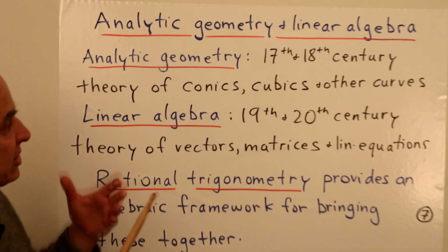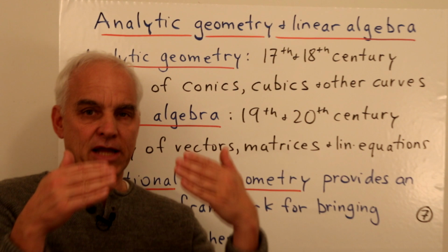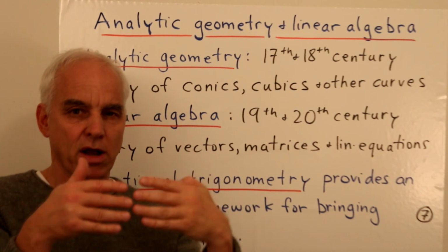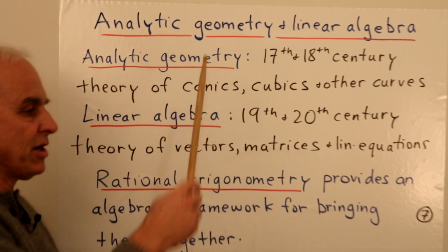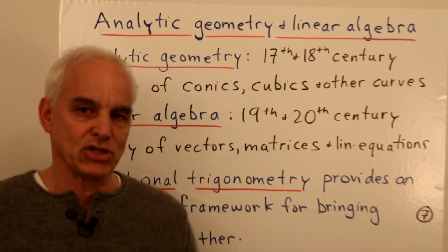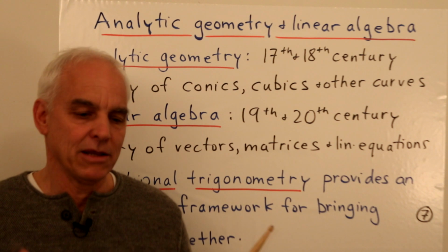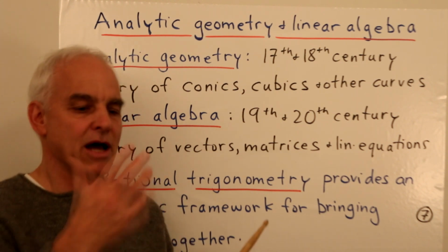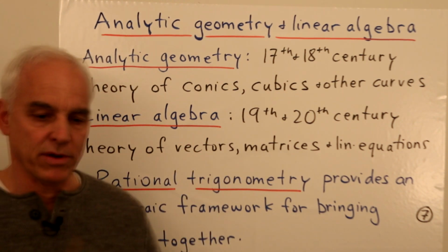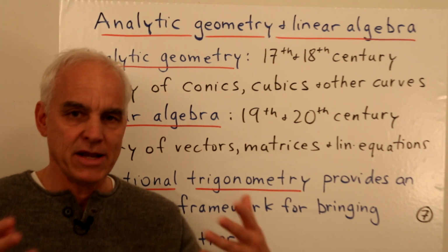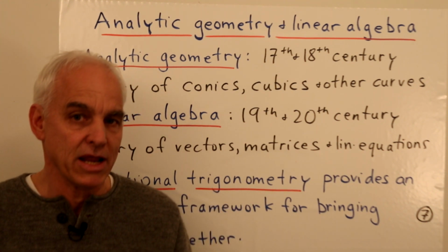But I think that these two subjects are very close together potentially, and they really ought to be brought together. So analytic geometry needs to make a bit of a resurgence from a long period of lying dormant, and it can be brought up by linking it with linear algebra. And the two things together are a very natural and potent combination.